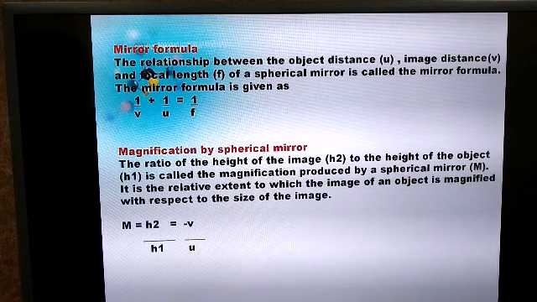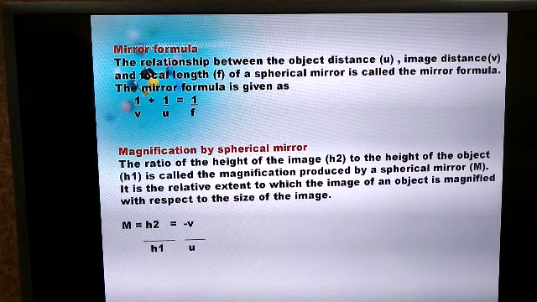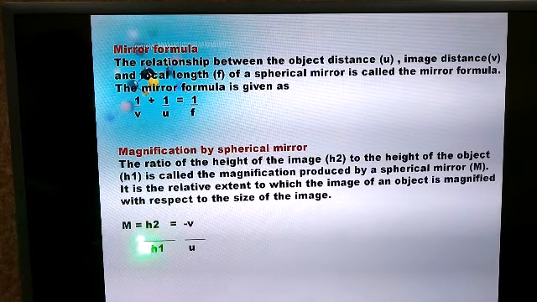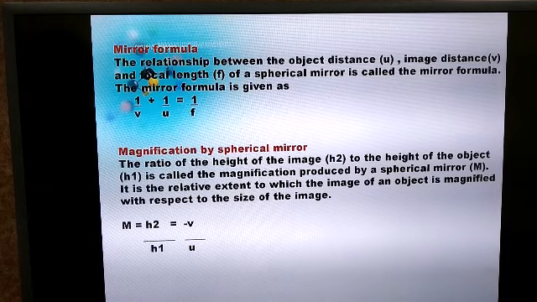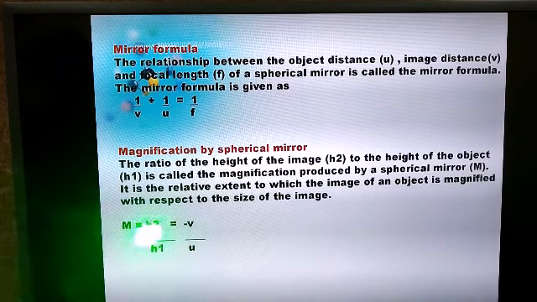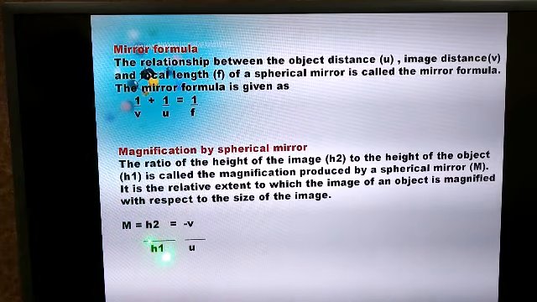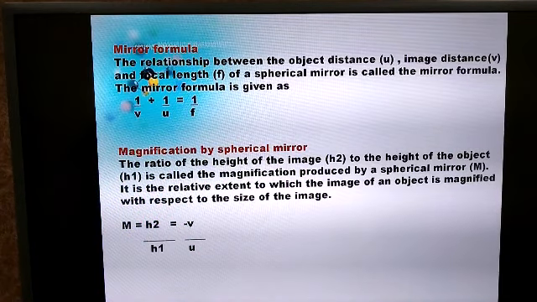The size of the object is denoted by H1 and size of the image is denoted by H2. So, if we take the ratio of height of the image to the height of the object, then this ratio is called magnification, which is denoted by capital M. So, capital M is equal to the ratio of height of image to the height of the object. That is, M is equal to H2 upon H1.